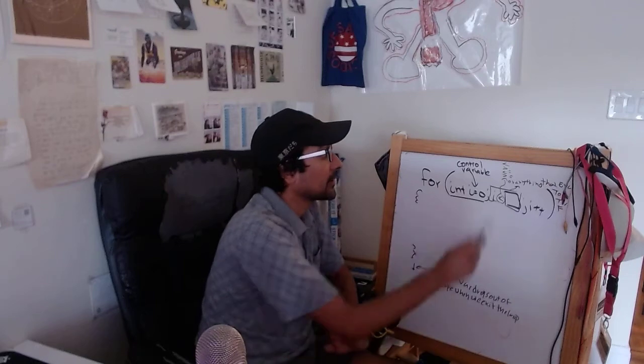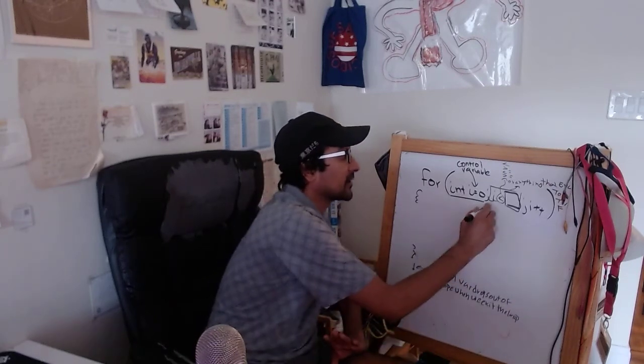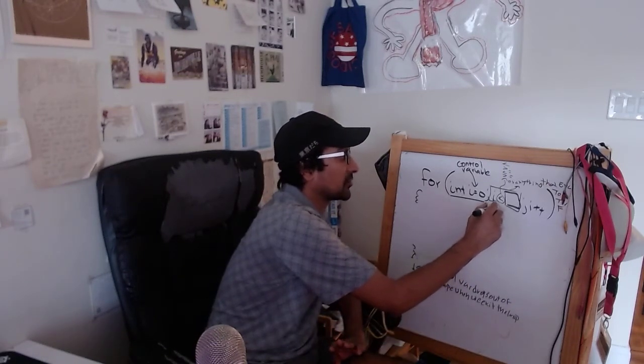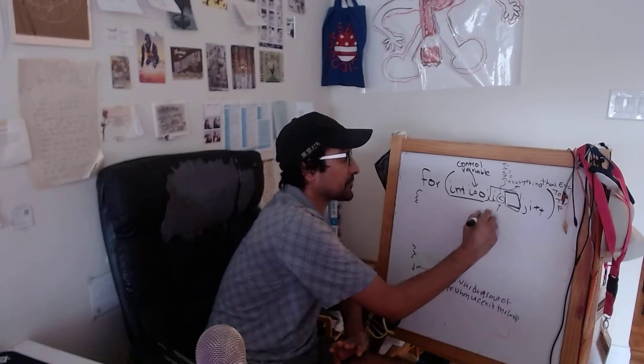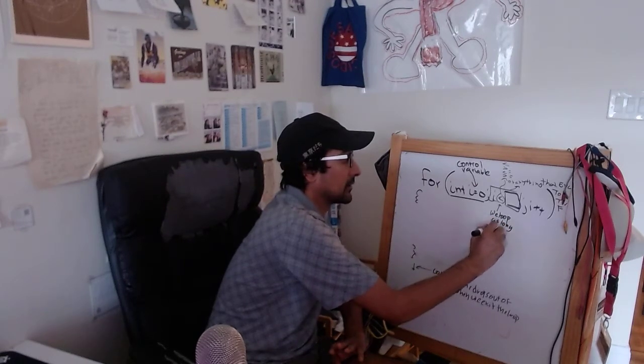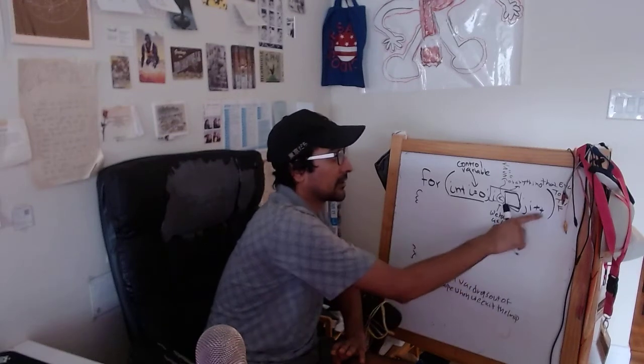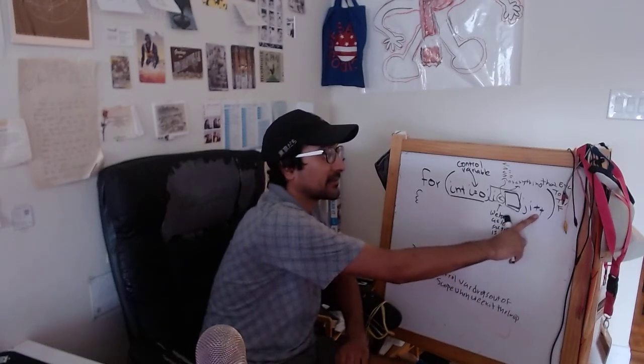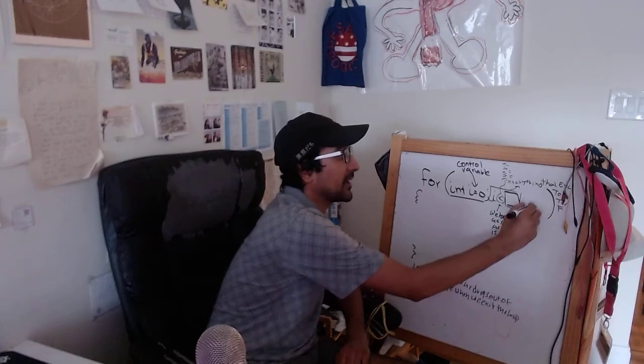And here, what we're saying is, as long as this is true, we're going to continue through the loop. We loop as long as this is true. Now, I equals I plus 1, it can be anything.